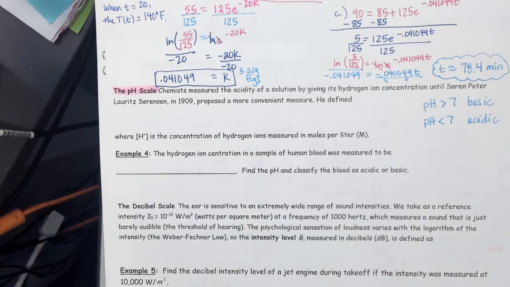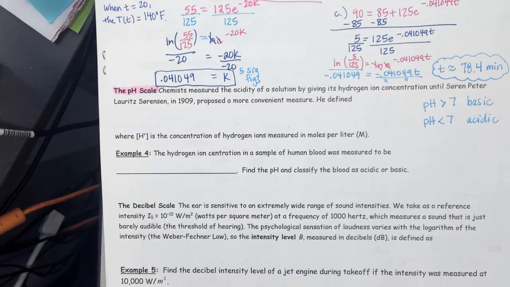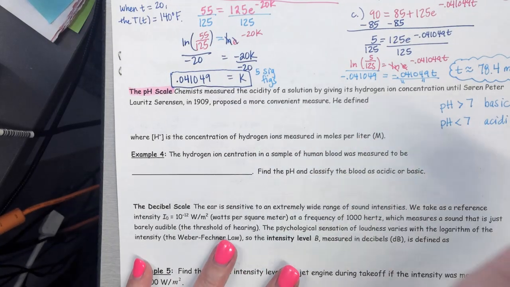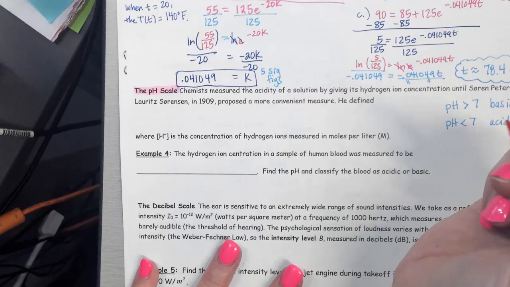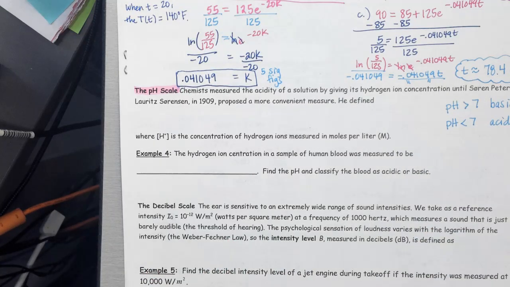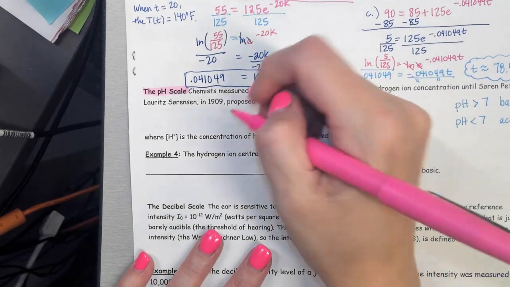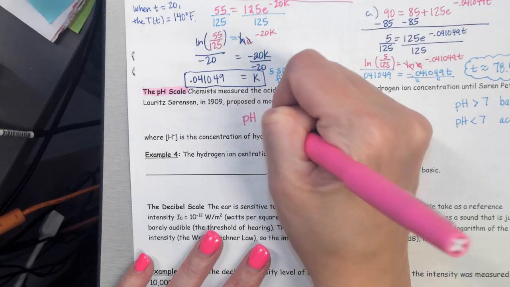So what we're going to do is calculate the pH using an equation from Mr. Sorensen here. He proposed a more convenient measure to find the acidity of a solution that is tied to its hydrogen ion concentration.